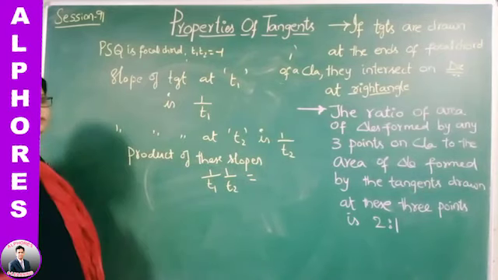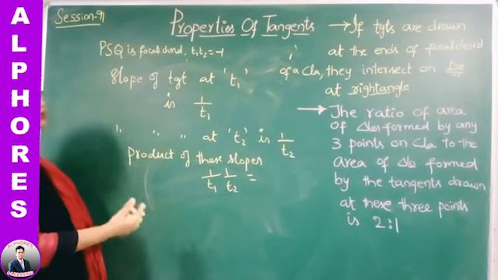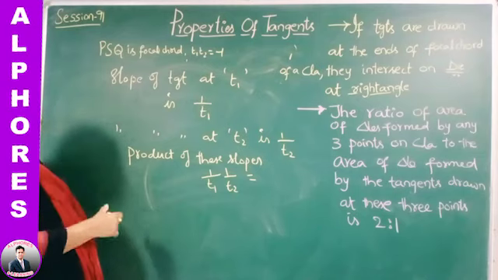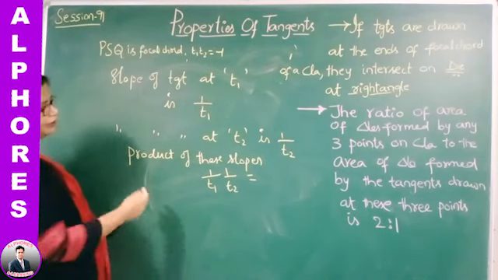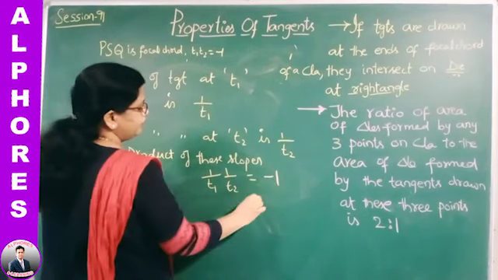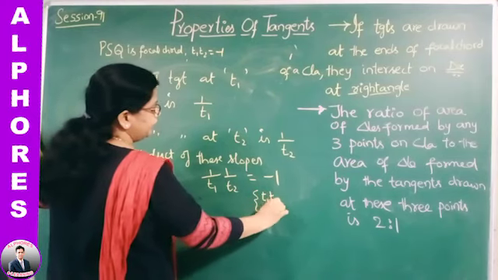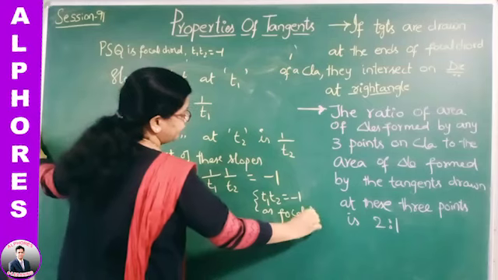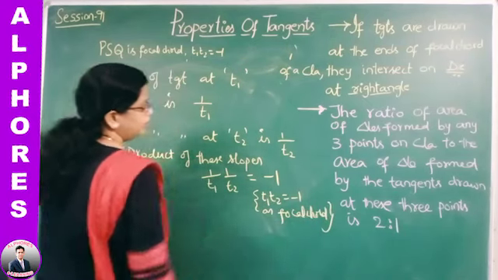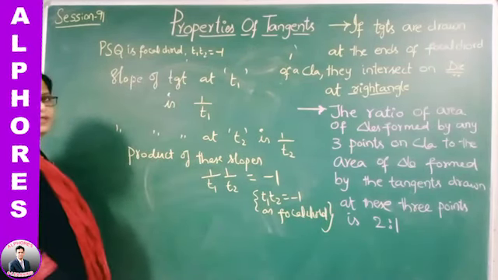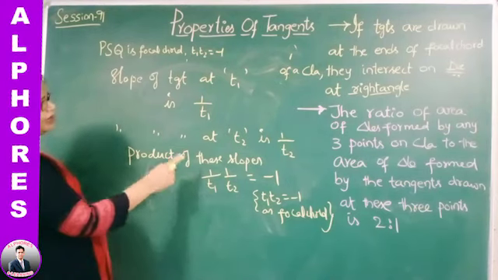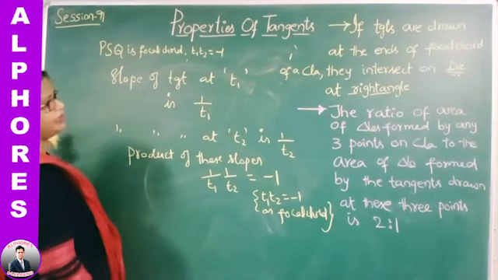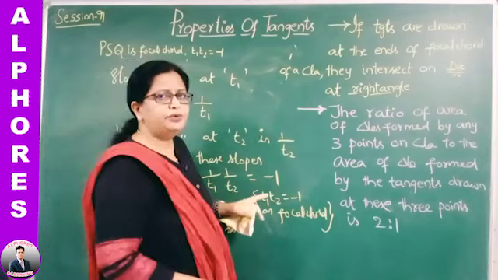It is -1, because t1 and t2 are exactly the ends of the focal chord, and in that way you got -1. Since t1 t2 is -1 as we have taken a focal chord, because of the focal chord condition you got this condition. So here students you can observe clearly 2 points.